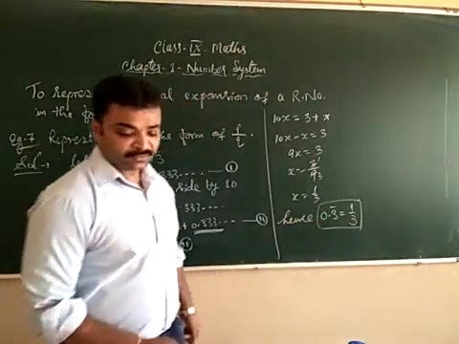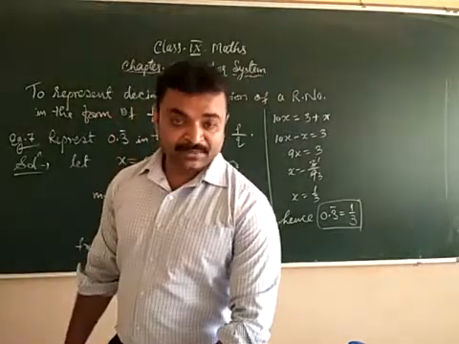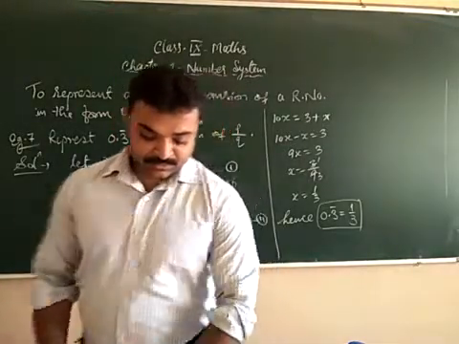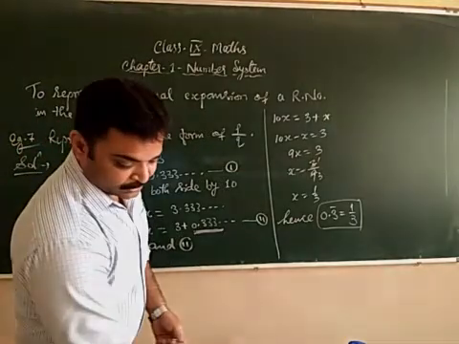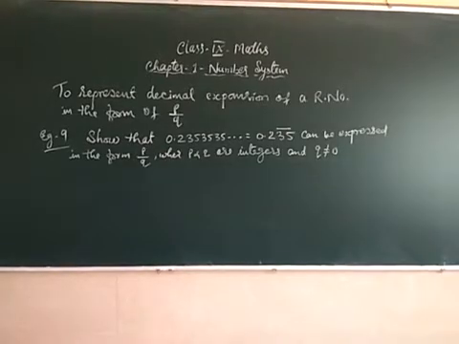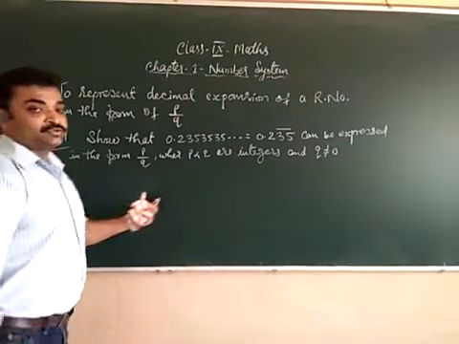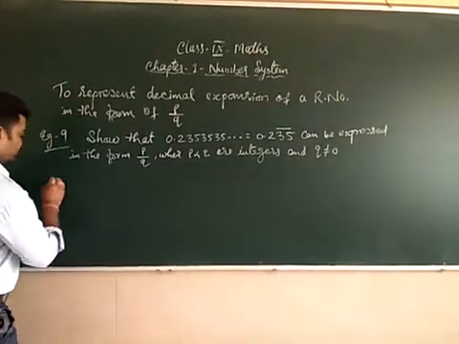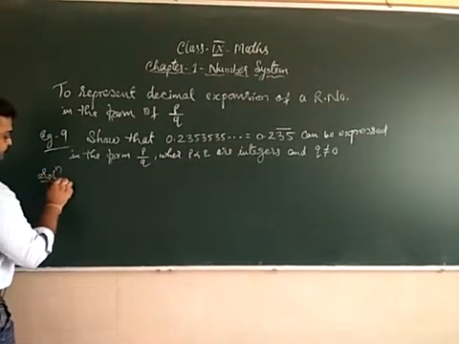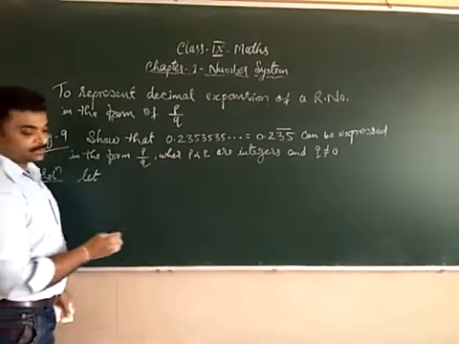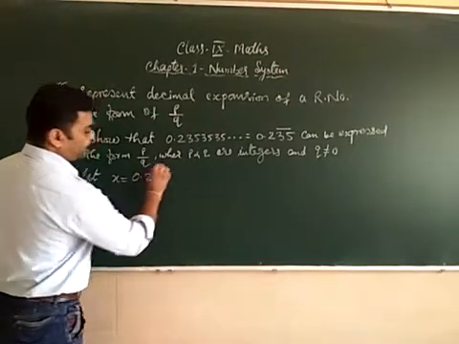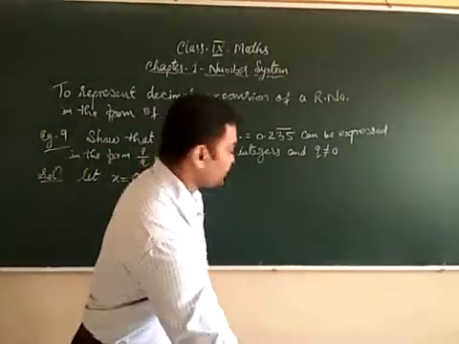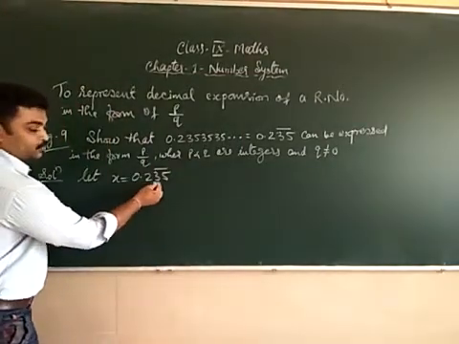So x is equal to 0.3 bar can be written as 1 upon 3. Got it? Now we will do another example: 0.235 bar. So here first of all, let x is equal to 0.235 bar.